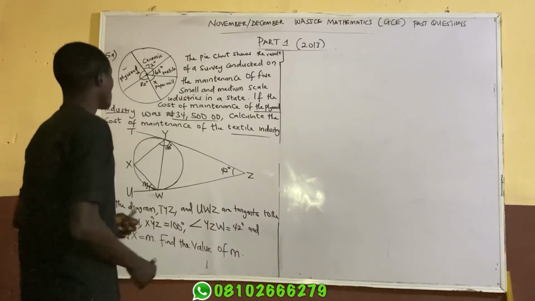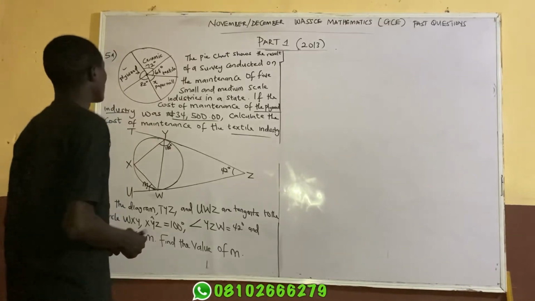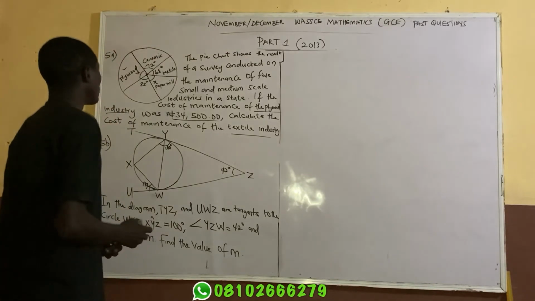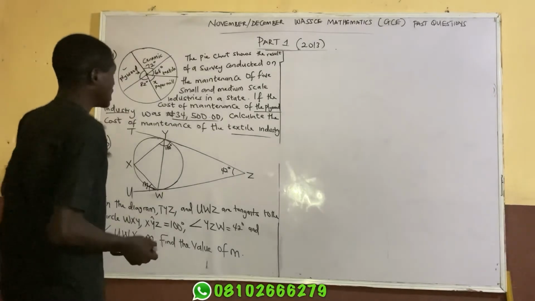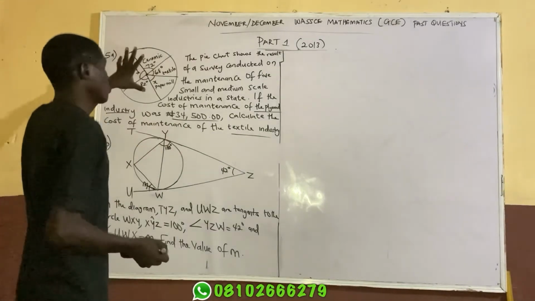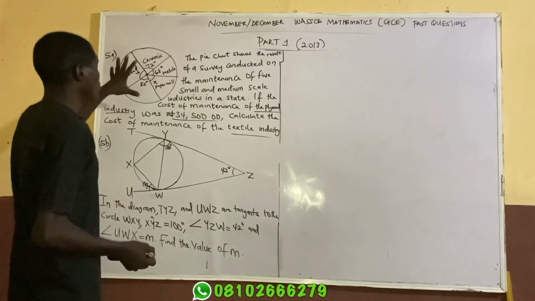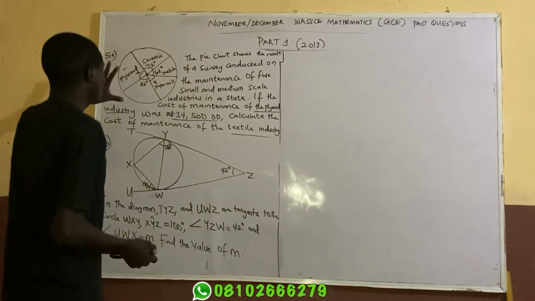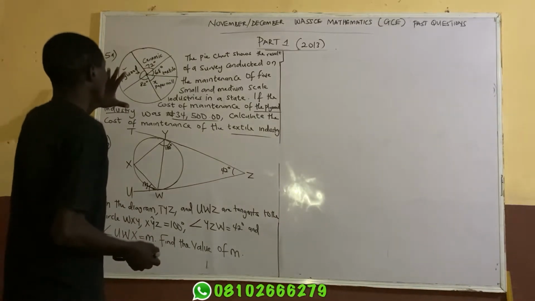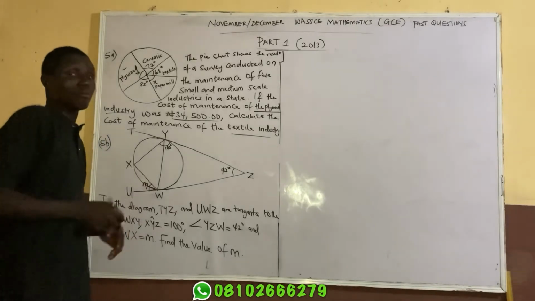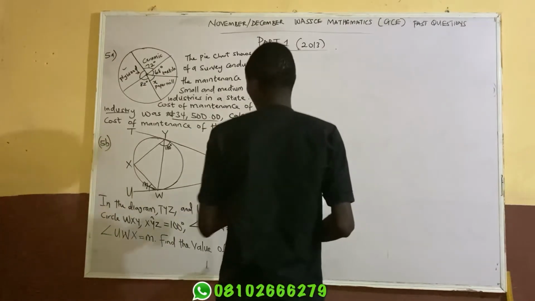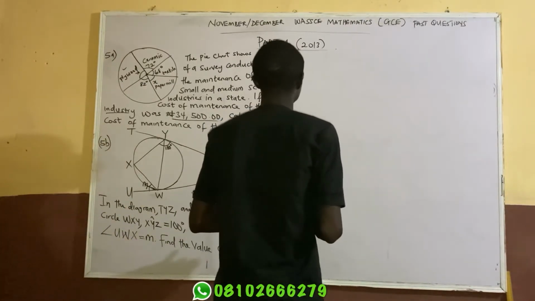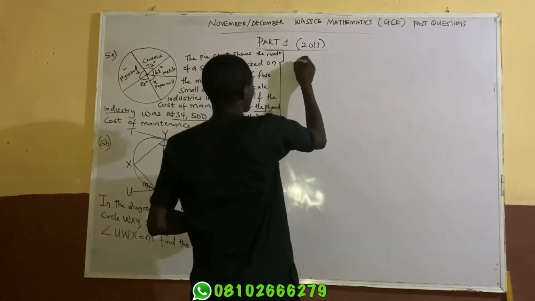The first thing that you need to do here is calculate the sectorial angle of the plywood in order to use it to obtain the total cost of maintenance for the industry, the cost that was allocated for the maintenance of the small and medium scale industry. Then we can get the actual cost of maintenance for the textile industry. So now the first is to obtain the sectorial angle.